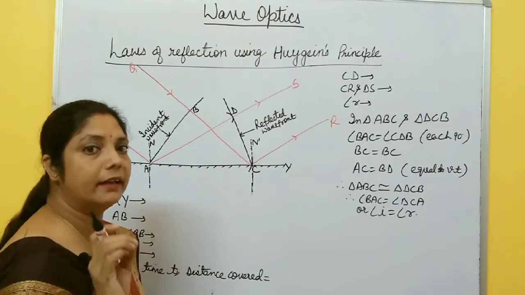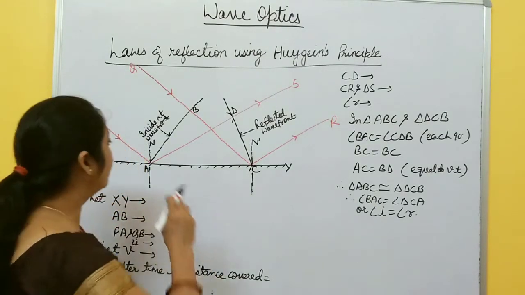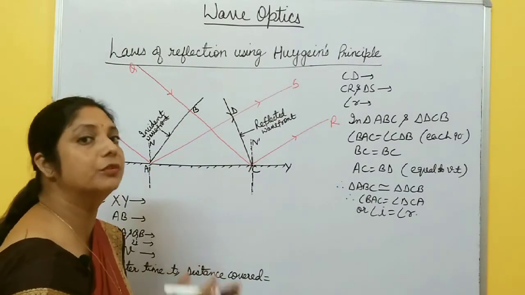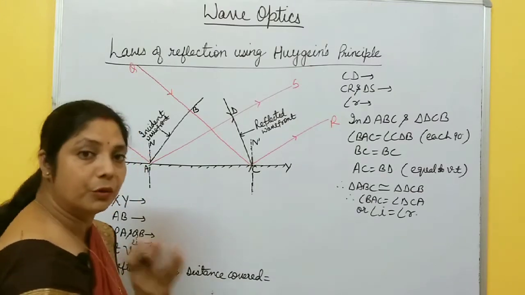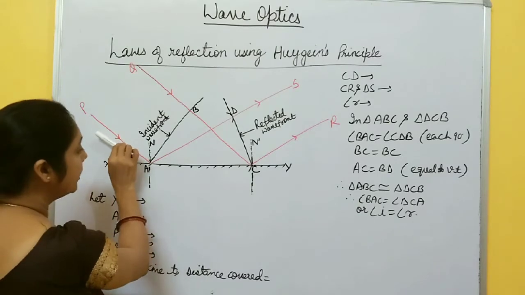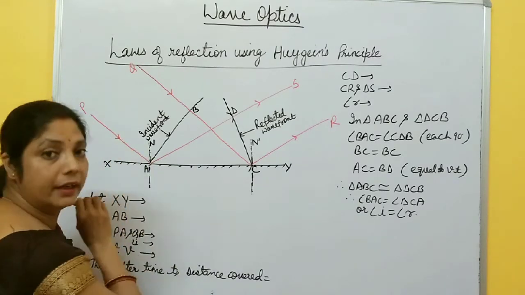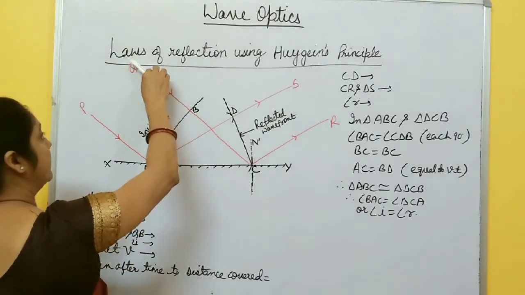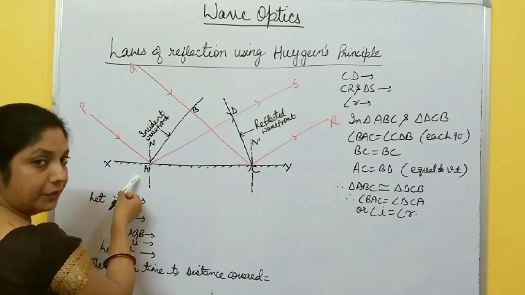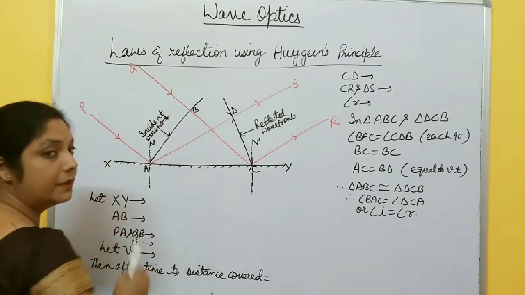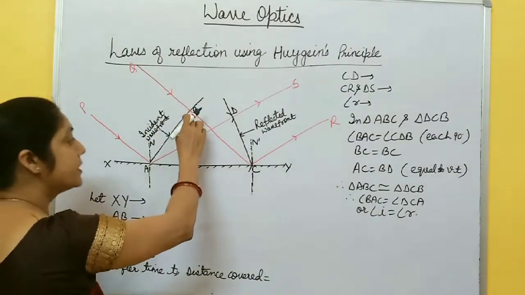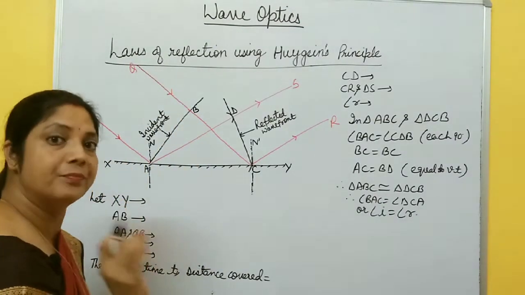It means if we are writing on a paper, both are perpendicular to the plane of the paper. And any line drawn perpendicular to the wavefront is called a ray. So here the lines PA and QB are perpendicular to this wavefront. It means PA and QB are incident rays.